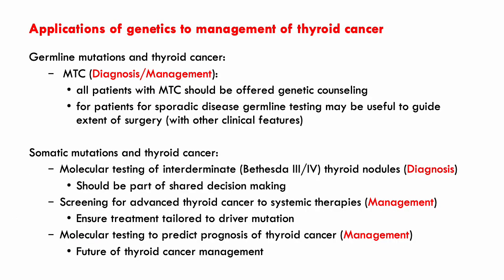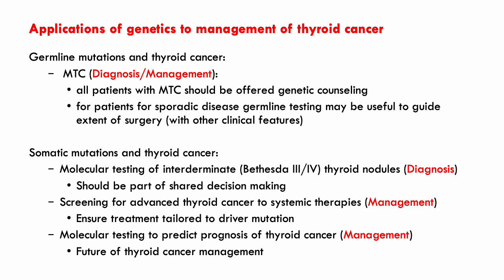I hope in this talk I've covered how genetics can be applied to thyroid cancer management. For germline mutations, one of the takeaway messages from this talk is that all patients with MTC should be offered genetic counseling and testing. With somatic mutations, molecular testing for indeterminate nodules is now available in Australia, and it should form a part of shared decision making.